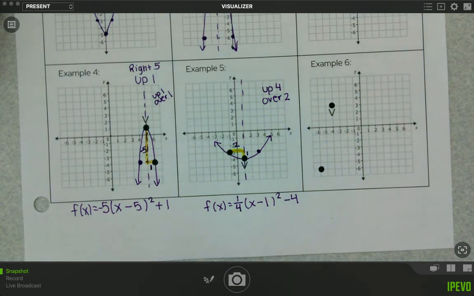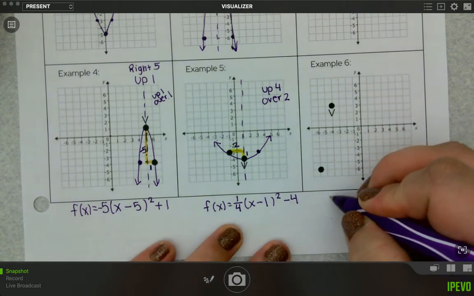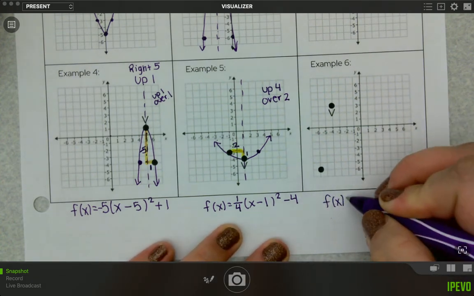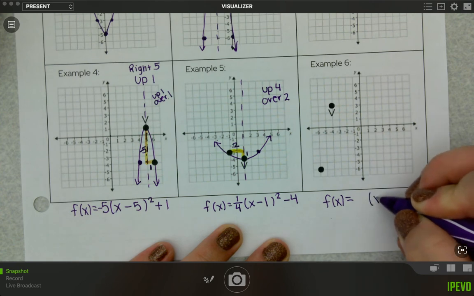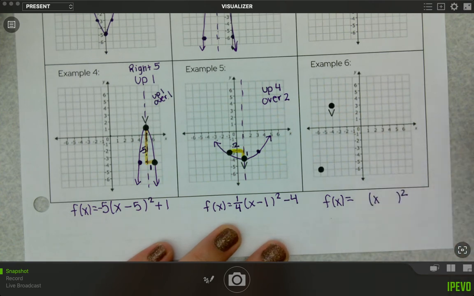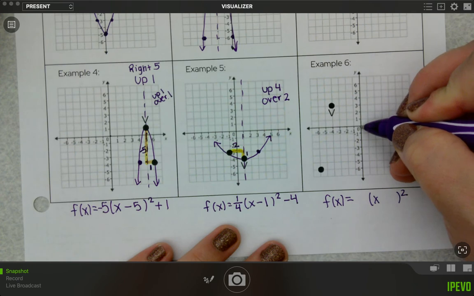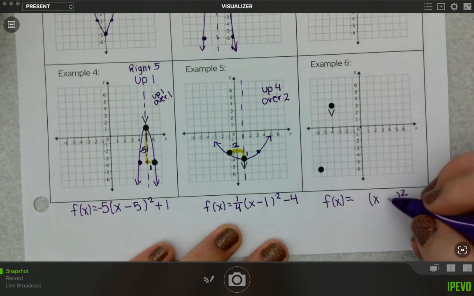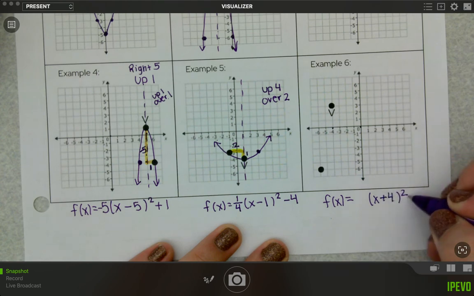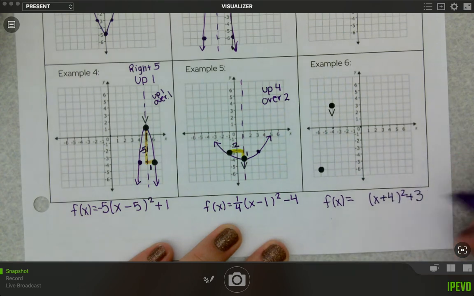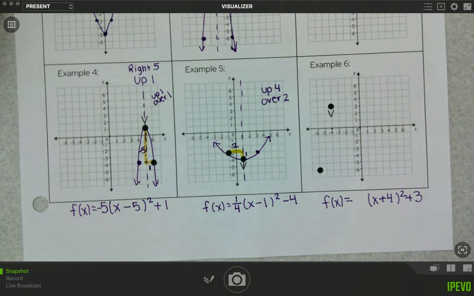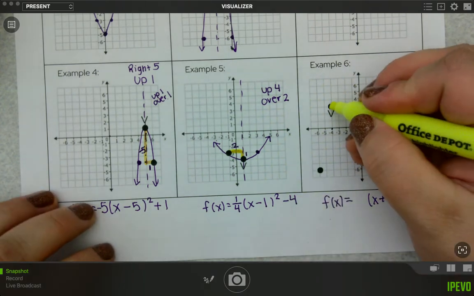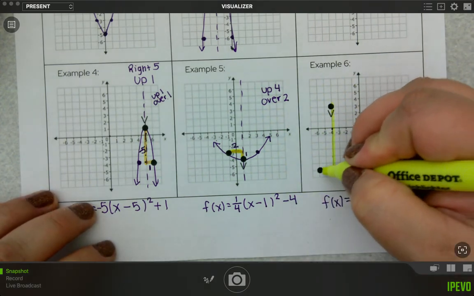Okay, and then the very last one is going to be a little weird. The number out front is just going to be a little more challenging. So here's my setup. The vertex has been moved to the left 4, up 3. So left 4, up 3. Then it's going down and over.